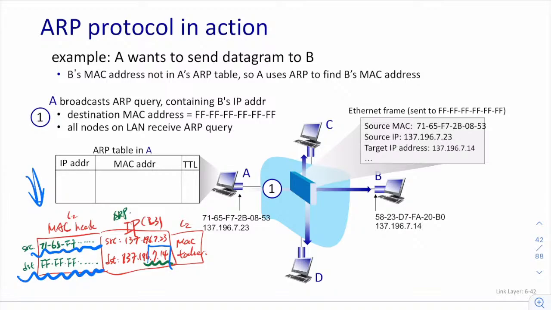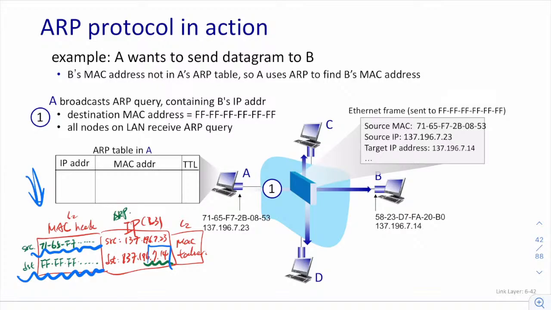That means, I don't know the MAC address of B, so I simply broadcast this packet, this frame, to all the nodes in the subnet. And as we mentioned before, because the channel broadcasts this signal to all the other nodes, B, C, and D will get this signal, no matter from Wi-Fi or from Ethernet.